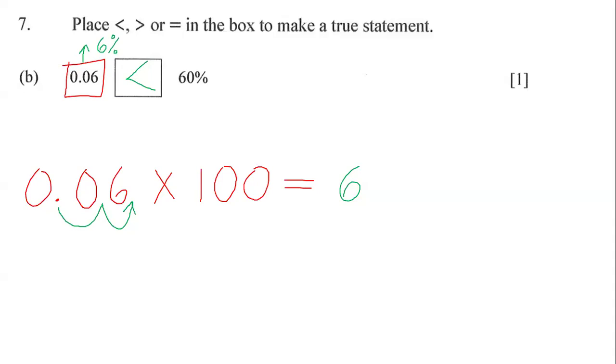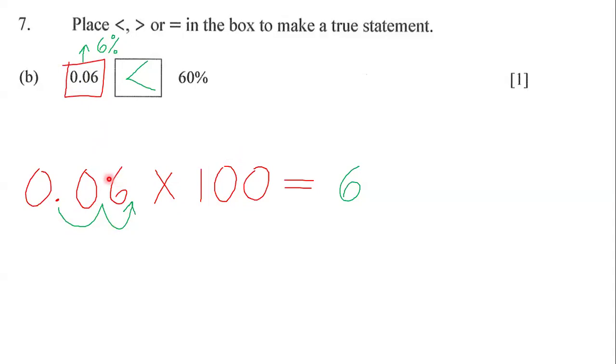So what we did here is we multiply the 0.06 by 100. And the reason why we did this is because we want to change the 0.06, which is in decimal form, into a percentage form. So we're going to move it over twice, 1, 2, because we multiply it by 100.